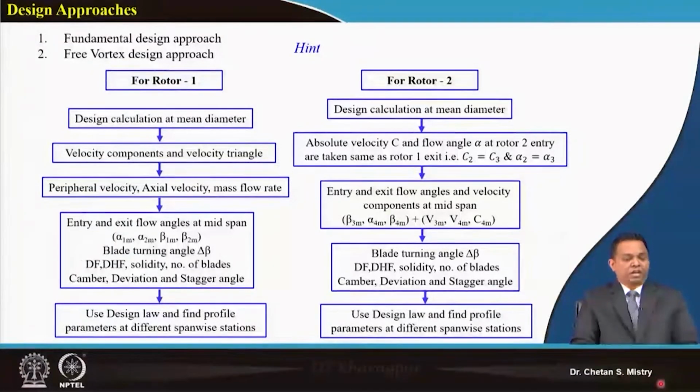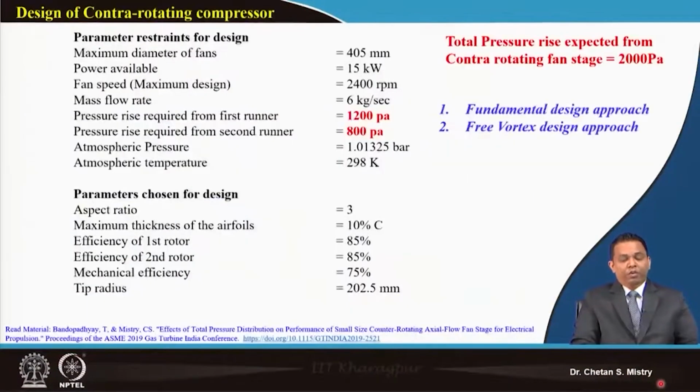For this design, what we know is the mass flow rate. My tip diameter is also known, and for the rotational speed of both rotors we have taken 2400 rpm.